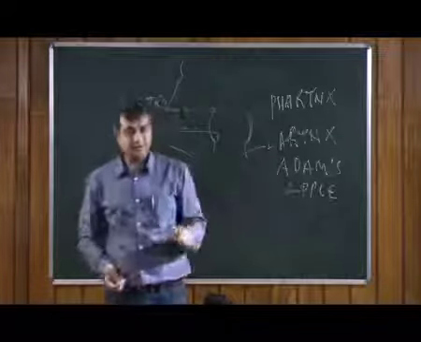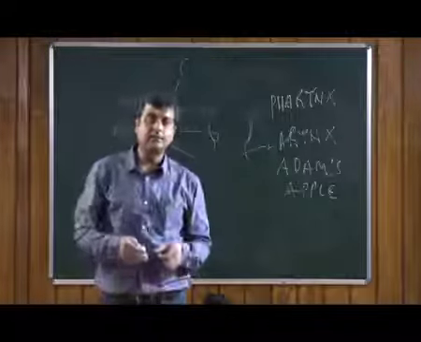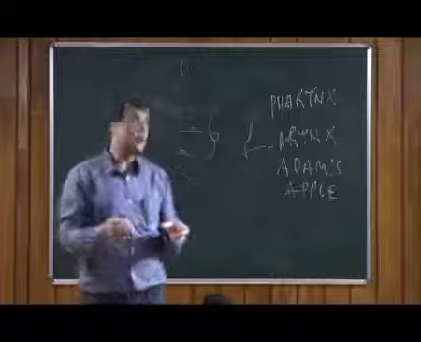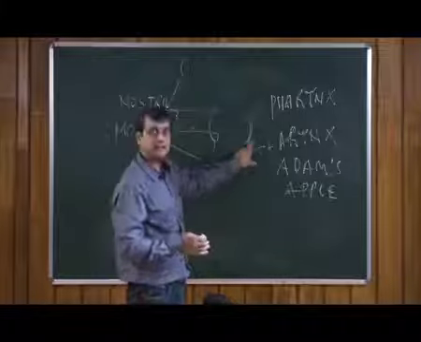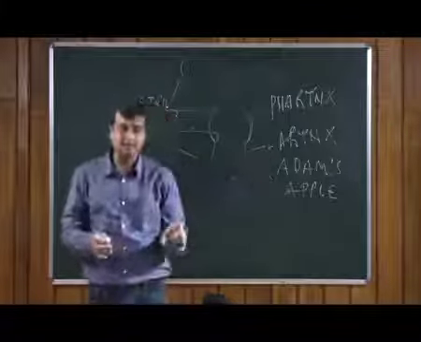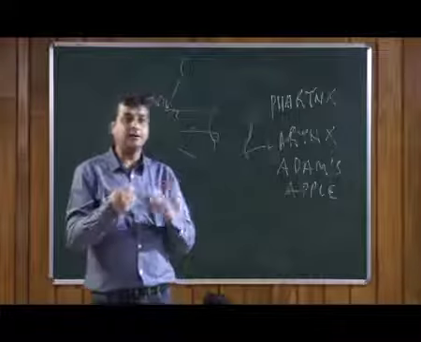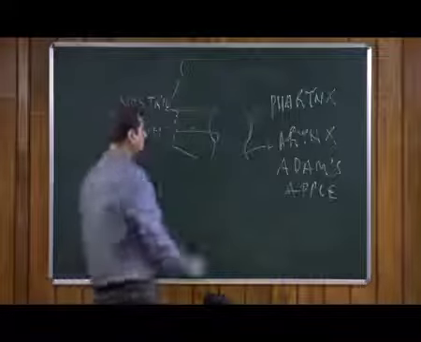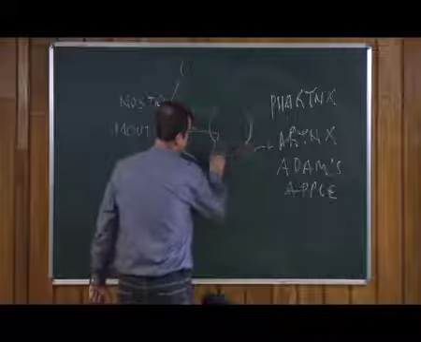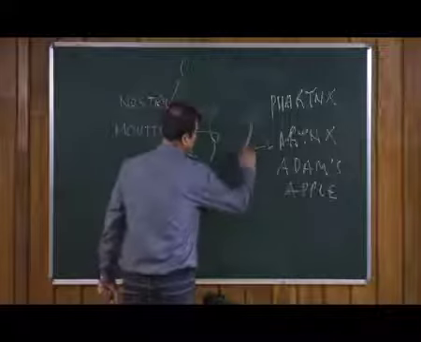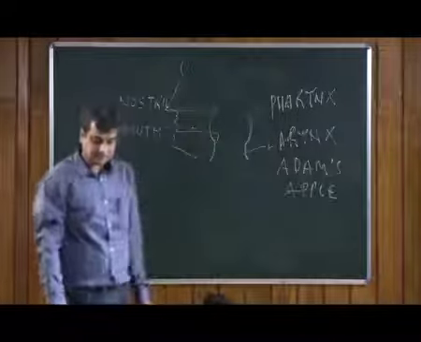A similar kind of structure is available in the parrot, where we do not call it a larynx but a syrinx, which is a very sweet kind of sound producer. So, this whole area is basically the entry point of the respiratory system.